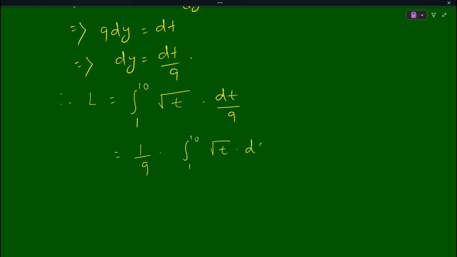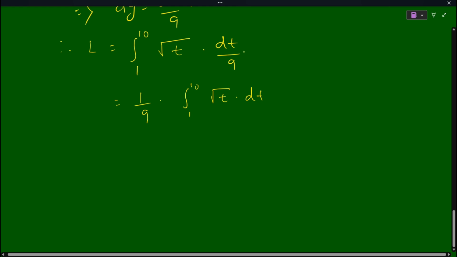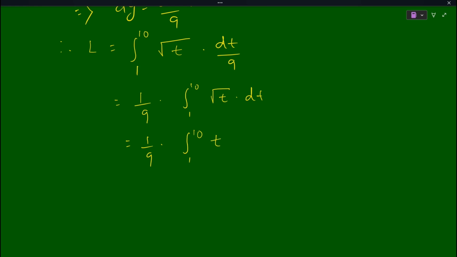Okay, so now see what is this root t. We know root t is equal to t to the power half. Now what will be the integration? The integration value will be t to the power half plus 1 by half plus 1, and the limiting values are from 1 to 10. So how did I get this formula?